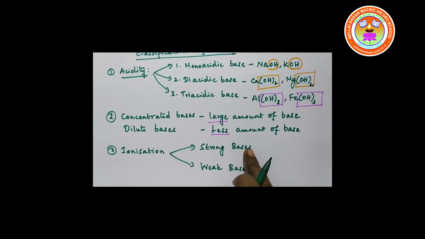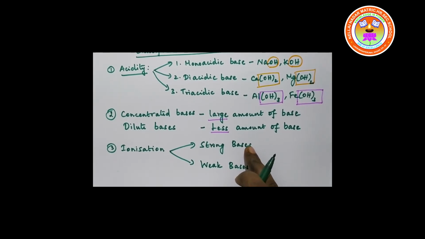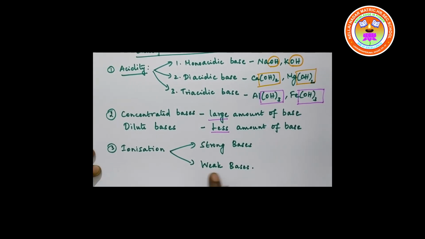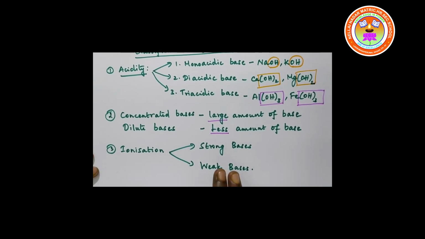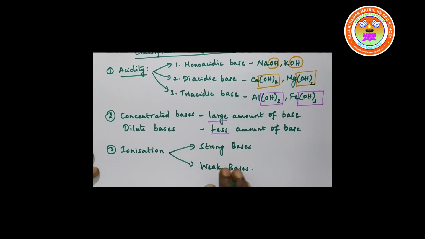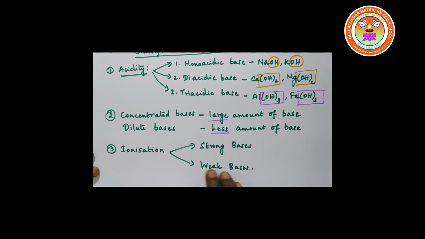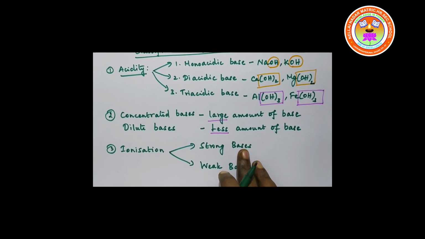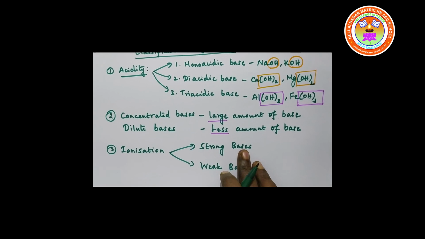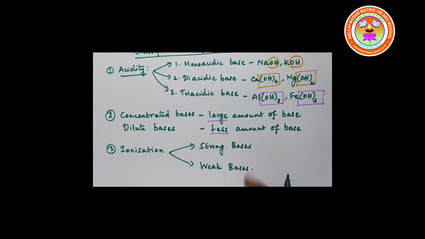A strong base undergoes ionization completely in water, whereas weak bases undergo partial dissociation into OH minus ions. Complete dissociation is not observed in weak bases, but in strong bases complete ionization is possible.